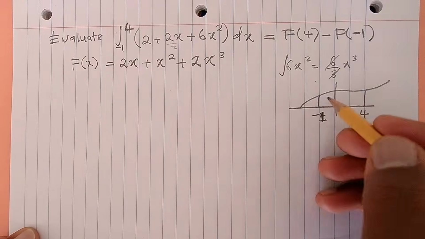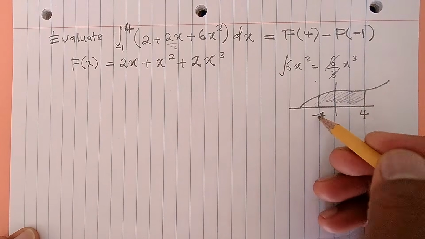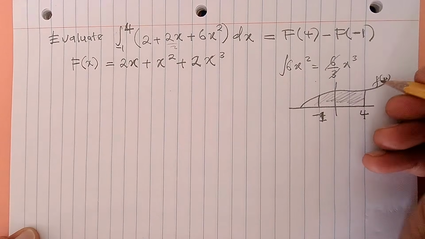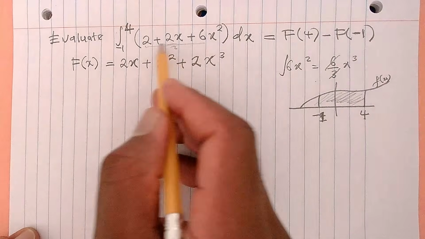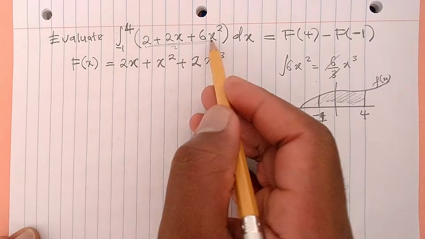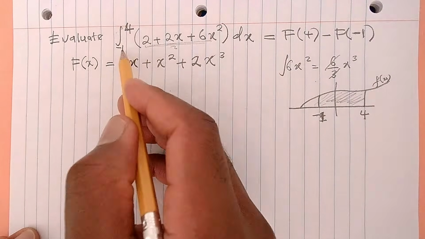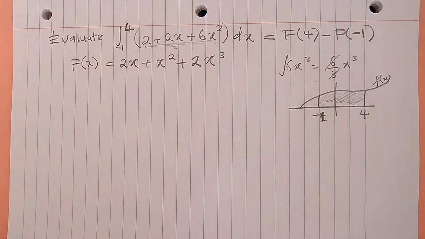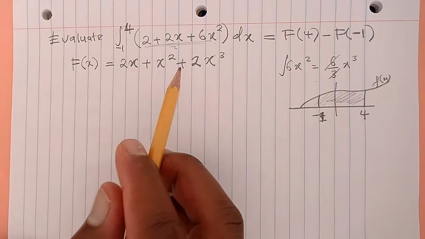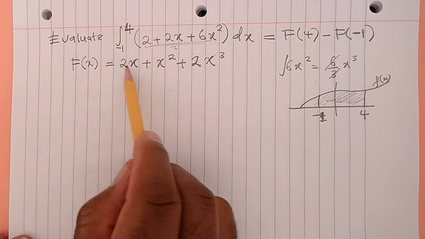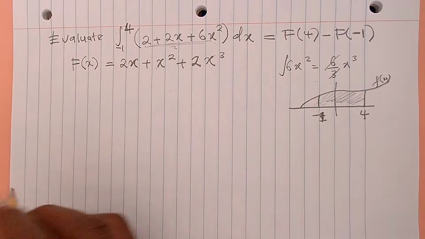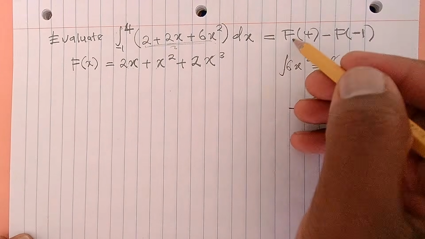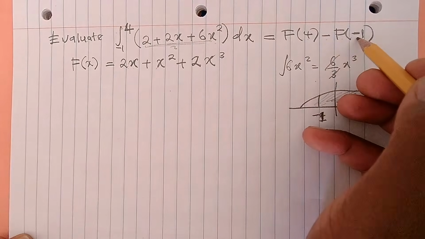So this area under the curve from -1 to 4, where f of x is described by this formula, will just be this integral from -1 to 4 of this expression. Now we have F of x, meaning the integral is just F at 4 minus F at -1.